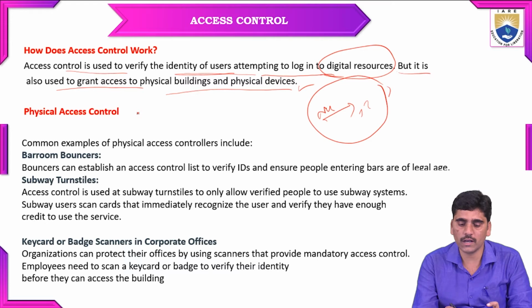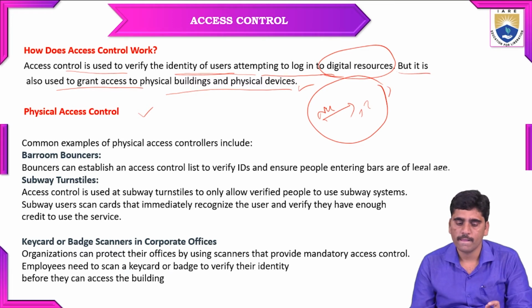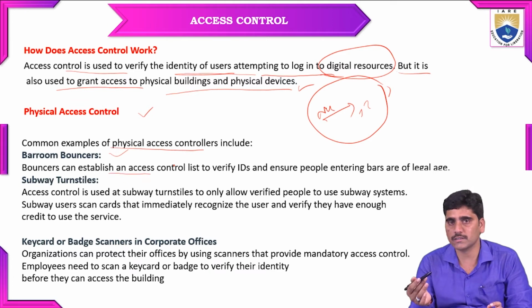There are two types of access controls: one is physical access control and the second is logical access control. Common examples of physical access controls include, first, barroom bouncers. Bouncers can establish an access control list to verify users' IDs and ensure people entering bars are of legal age.